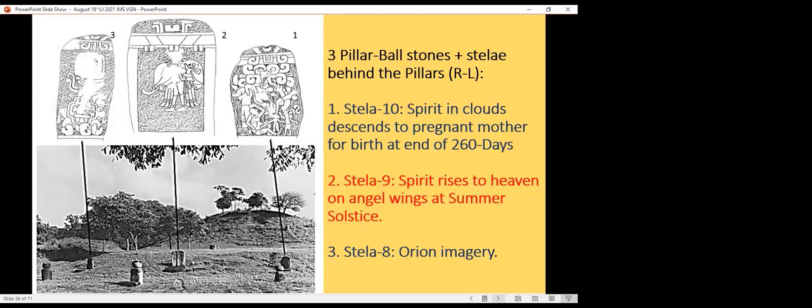Then on the far left, Stela 8, Orion imagery is represented here, and a connection also to the far west Plaza A.